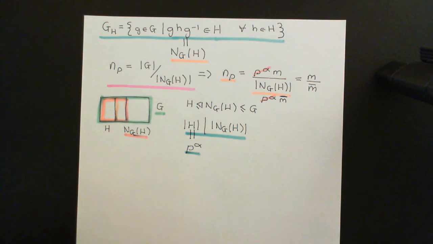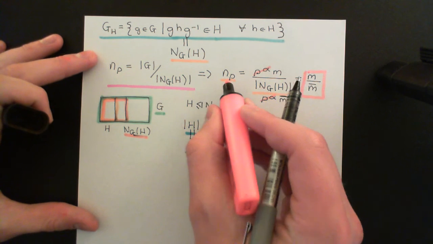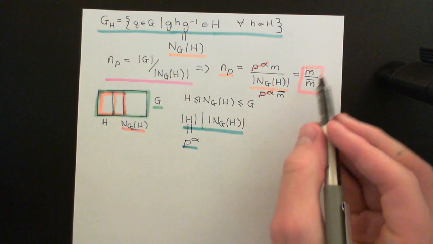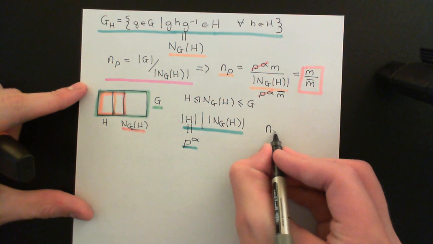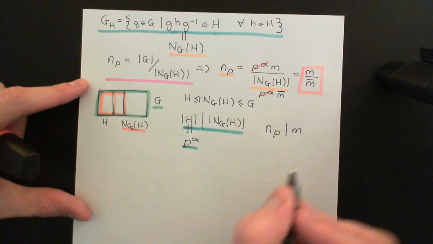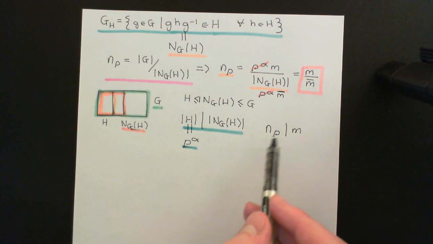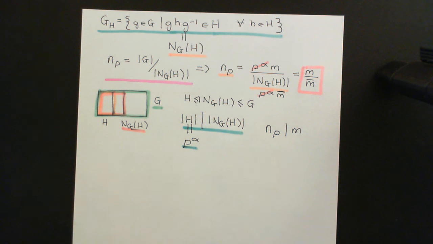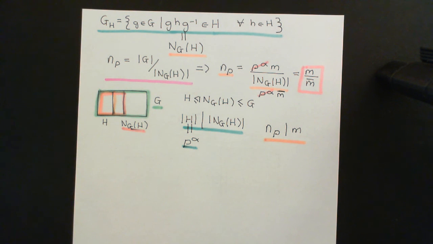So what you'll end up with for the number n_p here, the number of Sylow p subgroups in the group capital G, is that it's just some part of the prime factorization of m, i.e. it divides m. Its prime factorization just contains some powers of primes that are completely contained within m. m is a multiple of the number of Sylow p subgroups in the group capital G. So that then is the proof of part 1 of the third Sylow theorem.